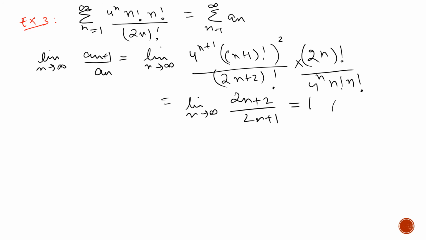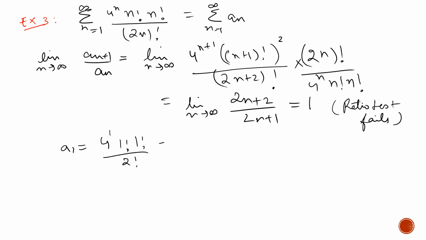So the ratio test fails since k is equal to 1. Now by some observation we can see that if you calculate a1, this is equal to 2.